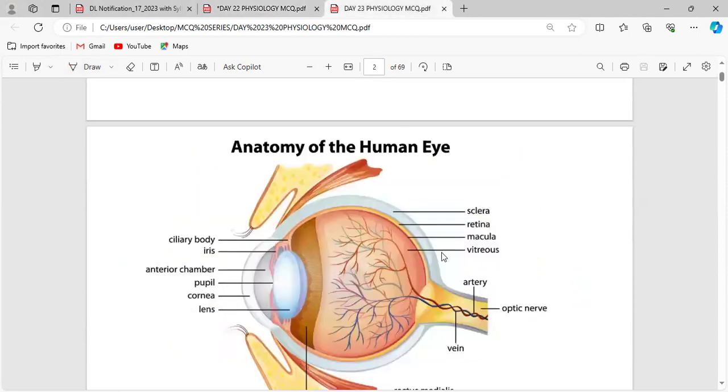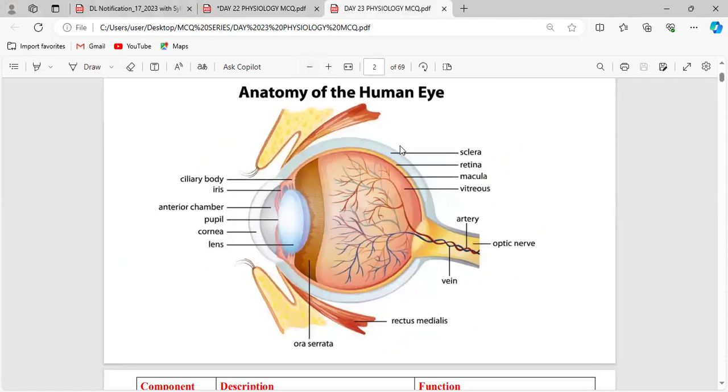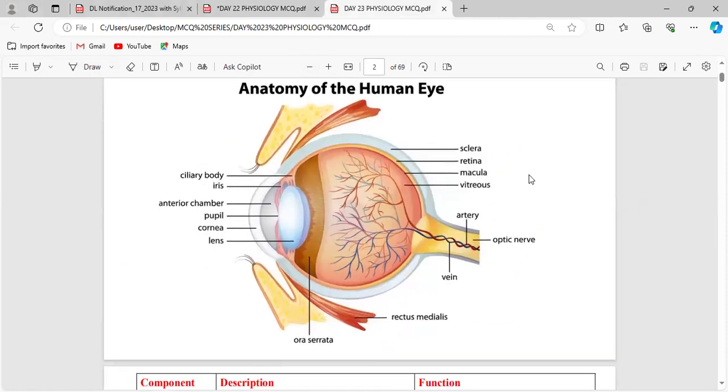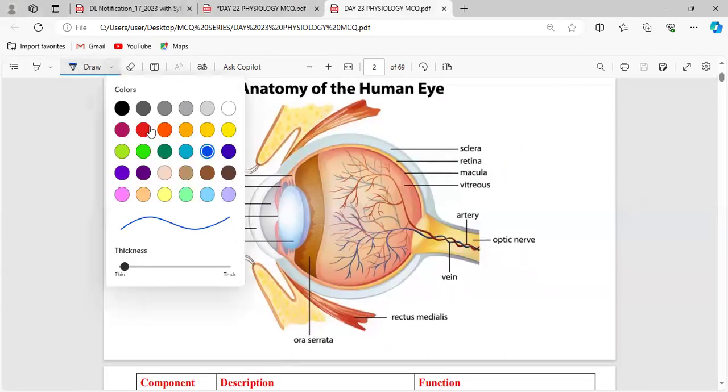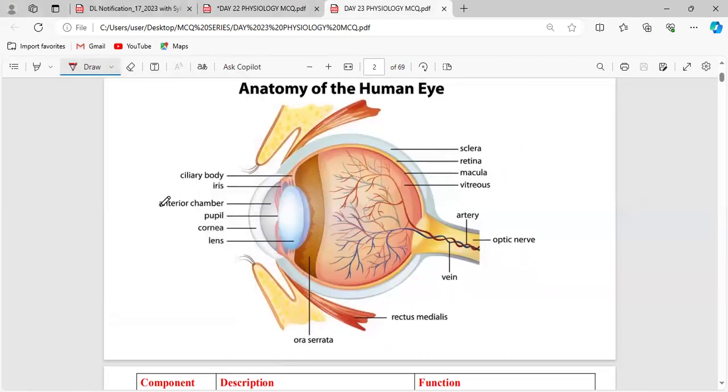Now comes today's class. This is the anatomy of the human eye, and the most important parts of the human eye are mentioned in this picture. The important parts are the ciliary body, which is just behind the iris.